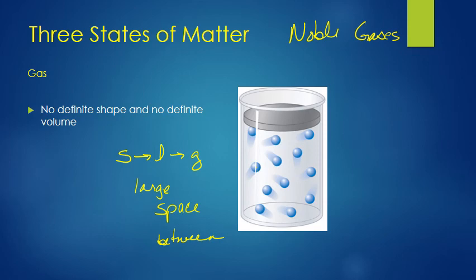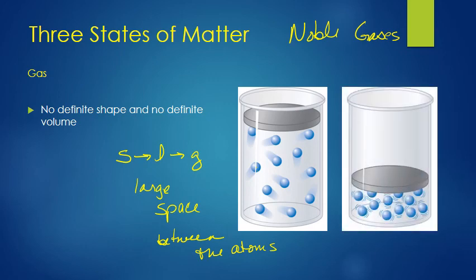There's a lot of space between the atoms or molecules, it doesn't matter, or compounds. Because there's a large amount of space between them, it is what we call compressible. You can squeeze a gas. And because it's compressible, you could squeeze it and squeeze it and squeeze it, you could actually get a gas to go back to a liquid just by squeezing it. Whoa, I know, right? Cool.